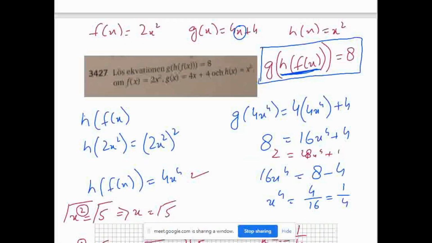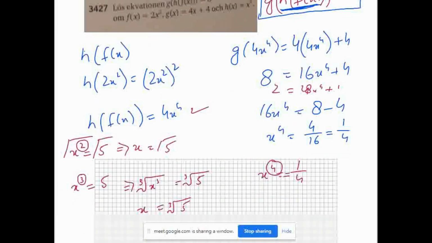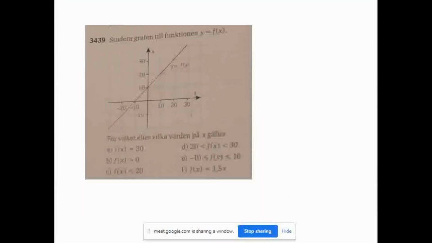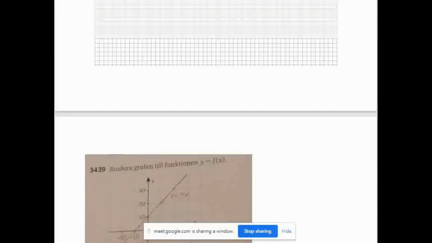Okay, I hope that it's clear now. Although we are doing the difficult or the hard questions, I still expect that you are now familiar with the composite functions.